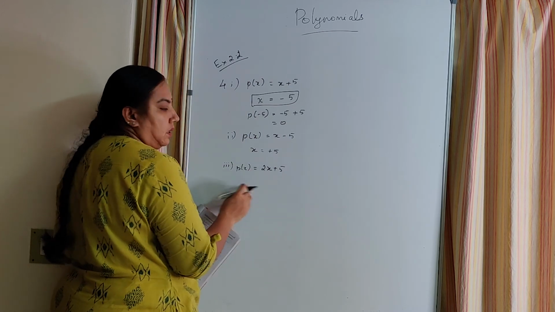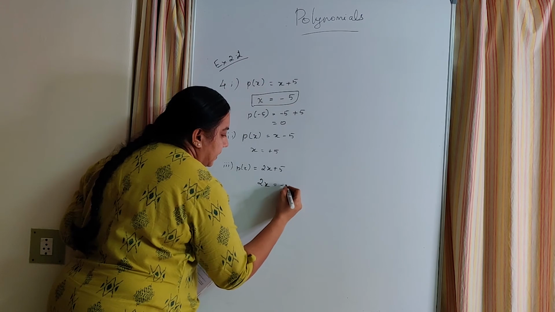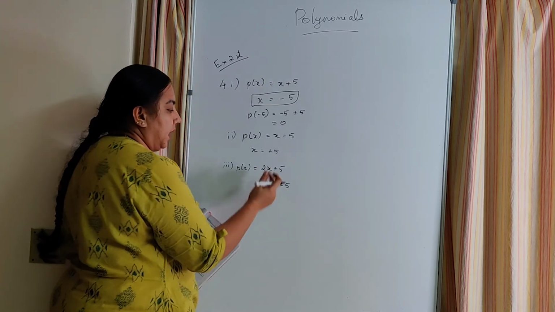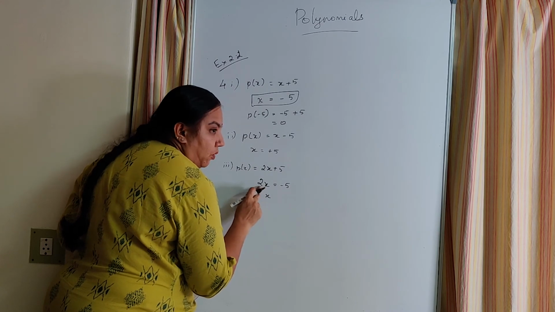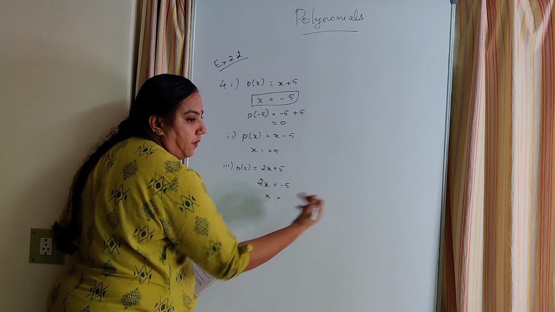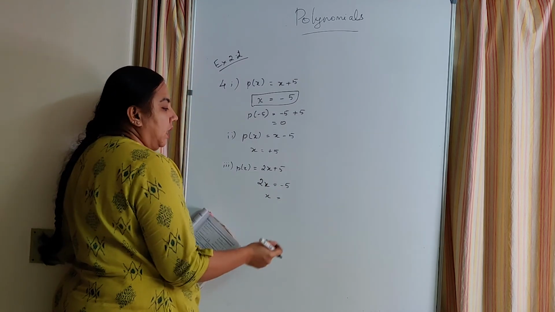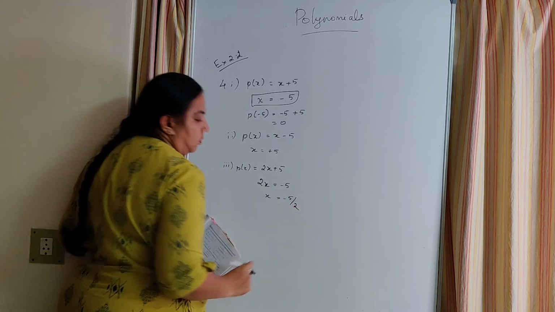When this is given, again take the constant term to the right hand side. First step, take the constant to the right hand side. Then whatever is multiplied, the coefficient of x, bring it to the denominator. As it is in multiplication, when it goes across the equal to, it goes as a division, minus 5 by 2.